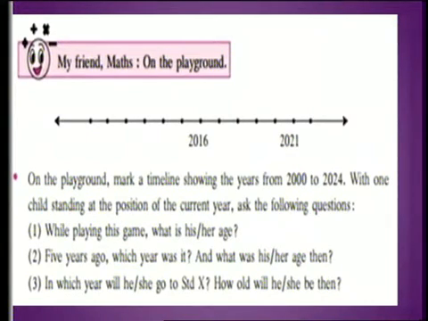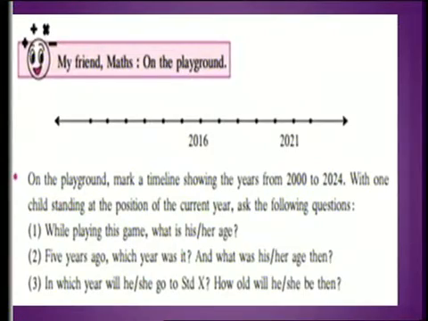A teacher can ask questions after the student stands on the current year, that means on 2016. Very nice. Sir, how can we make use of this timeline in other subjects? From this activity, we can denote historical instances on this timeline. Students indirectly learn addition and subtraction, and that helps them to learn history.